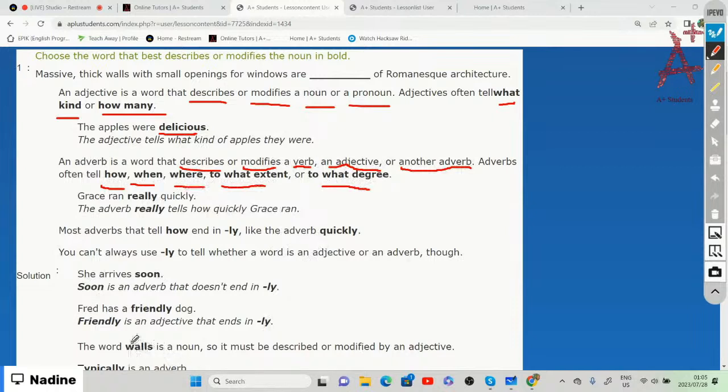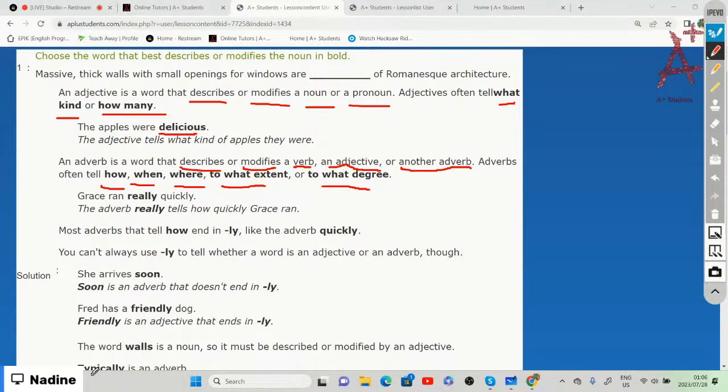So an adverb is a word that describes or modifies a verb, an adjective, or another adverb, right? And adverbs will often tell us how, when, where, to what extent, or to what degree.